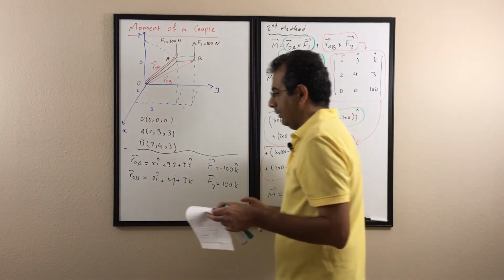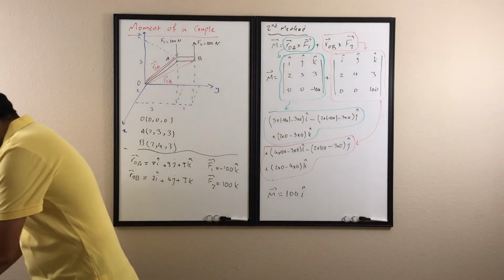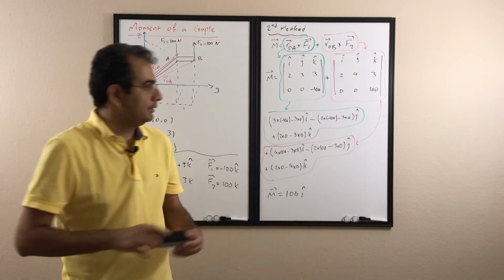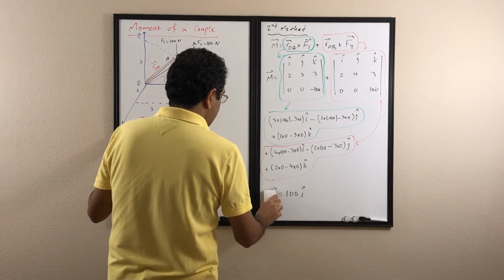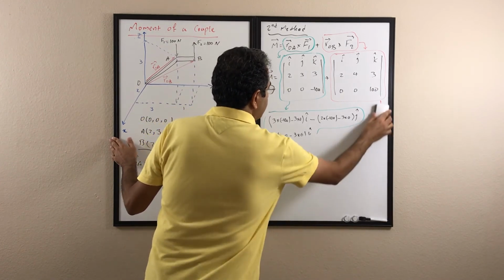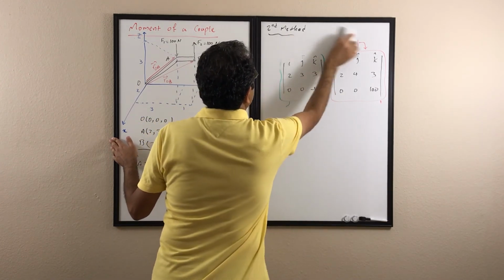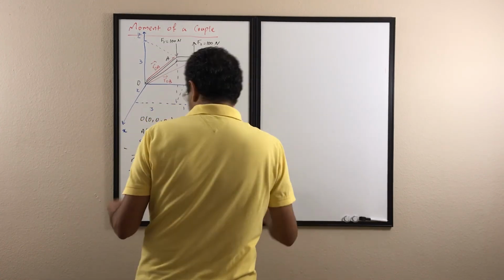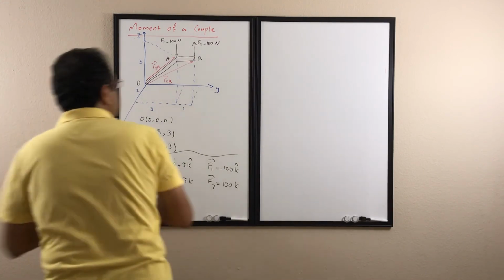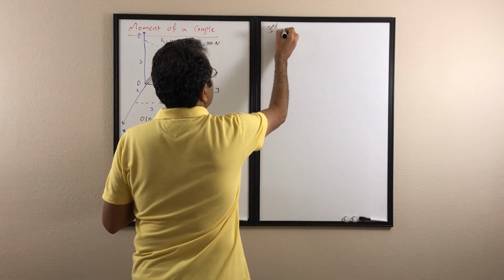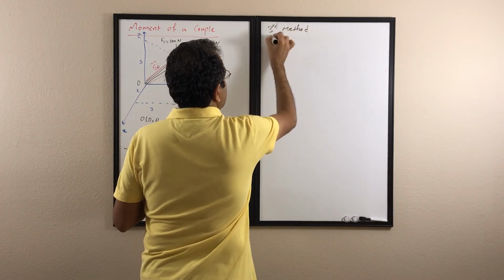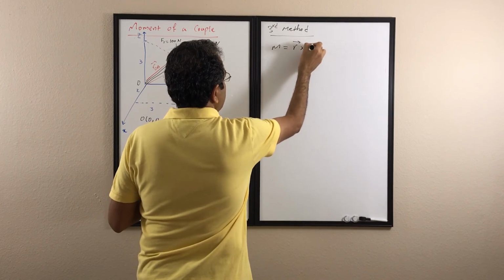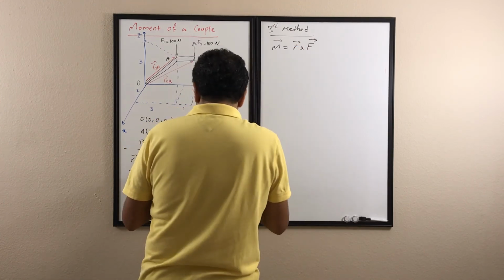The third method is that you go ahead and do the calculation for the couple in 3D. So assume you have a couple in 3D. For the third method, I'm going to say that M is just R times F, the 3D format of the couple.